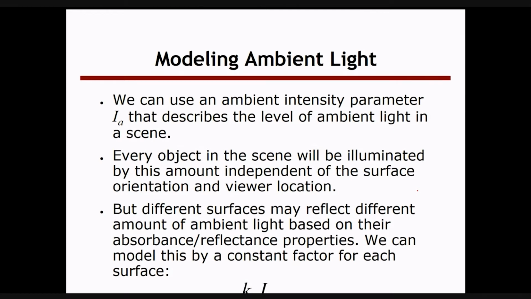Okay, so surface orientation is also part of it, but different surfaces may reflect different amounts of ambient light based on their absorbance and reflectance properties. You can model this by a constant factor for each surface. Okay, if you have 2 or 3 such objects in your model, then you can similarly change Ka for each and every such object or surface that you have used, and based on that it would take the same thing, that is its absorbance or reflectance properties.